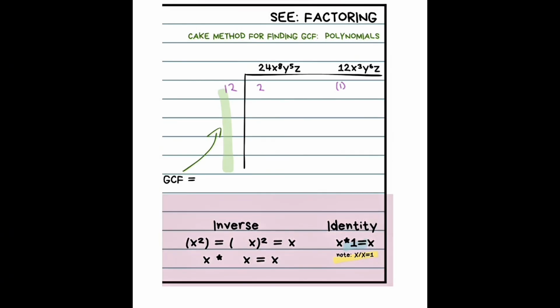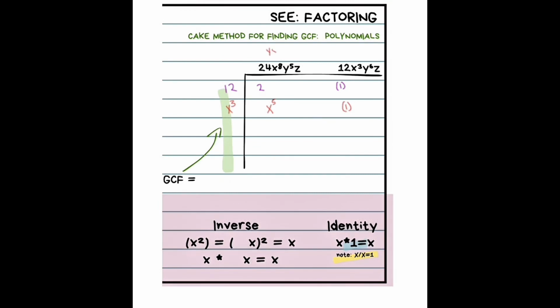For the x's, we're going to pull out 3 copies of x, since there's 3 copies in both. So for x³, if we pull that out, we're going to be left with x⁵ on this side, and on the other side we pulled them all out, so just times 1.